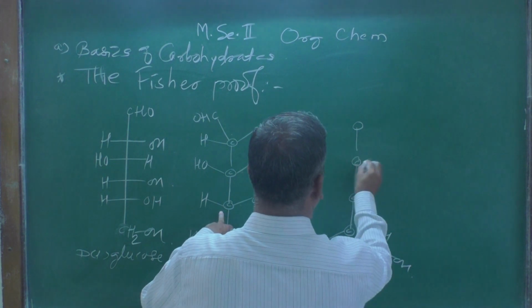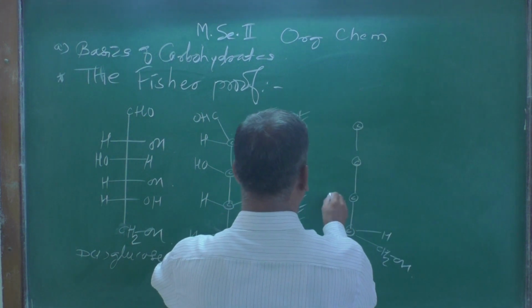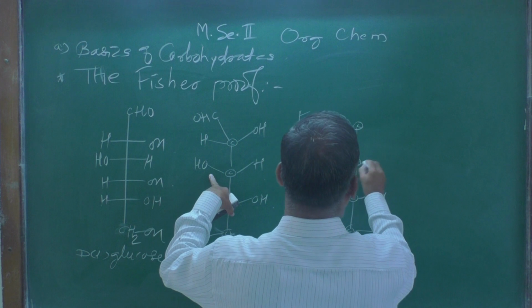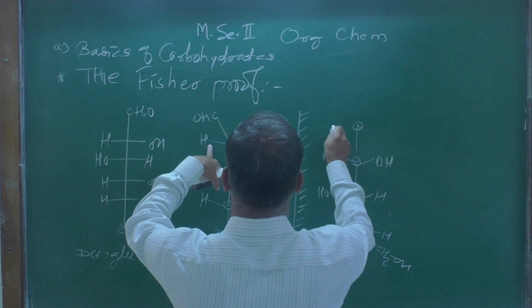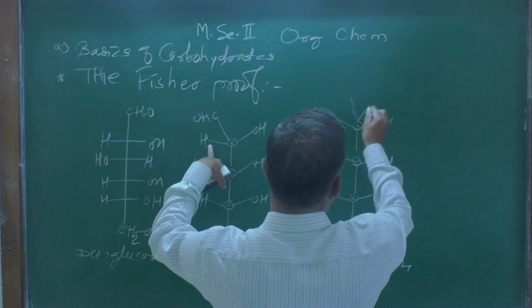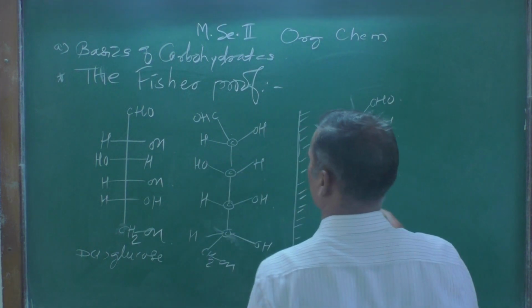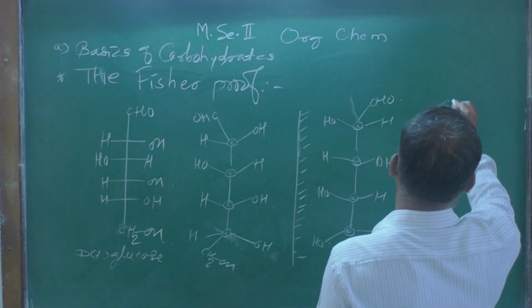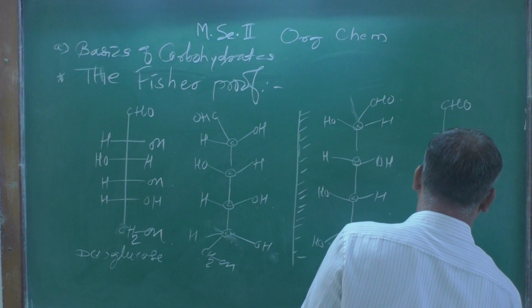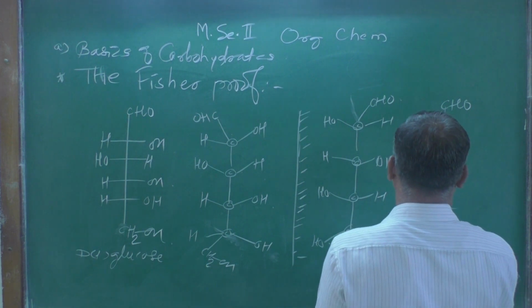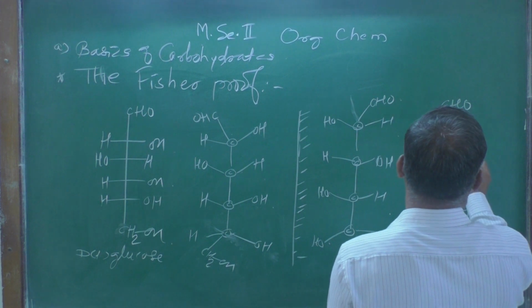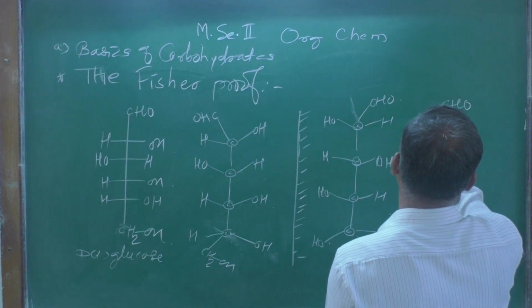Then hydroxy here, hydrogen here, and the CH2OH and CHO look like this, 1, 2, 3, 4, and as usual this is CH2OH, with HO, H, OH, H, HO and H.